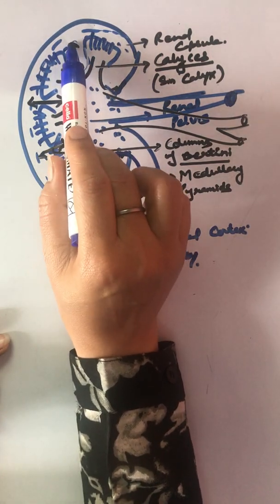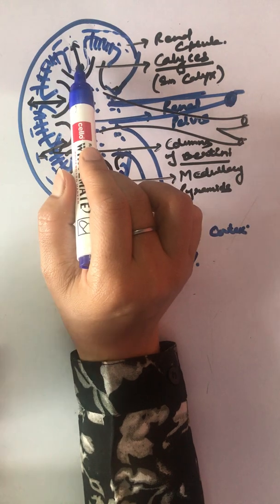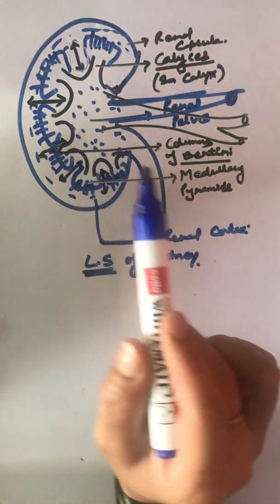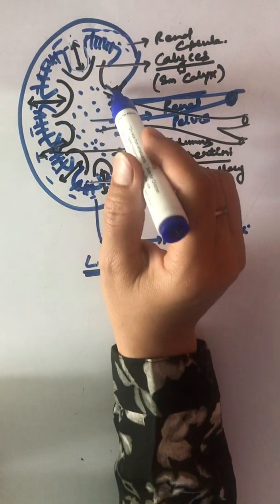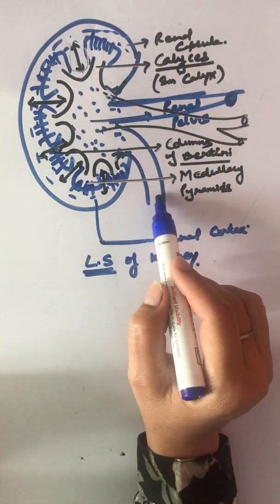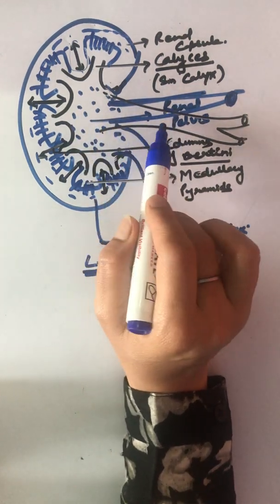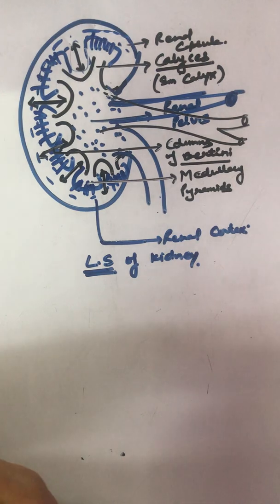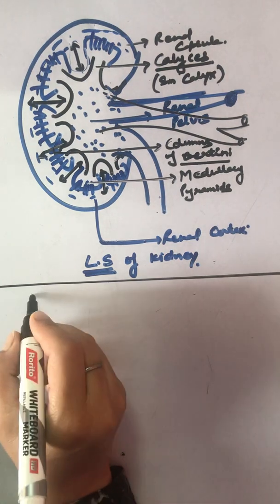I have drawn it with an arrow. Otherwise, these are only the leftover white space in between. Clear? This hilum region will show that the ureter, renal artery and renal vein all project out from here. Now coming to the structure of a nephron. What is the structure of a nephron composed of?